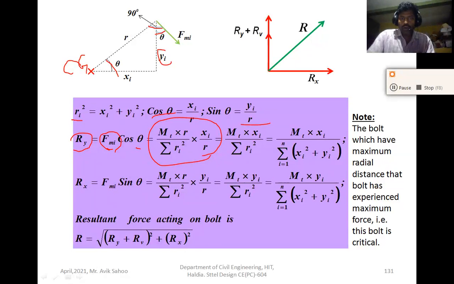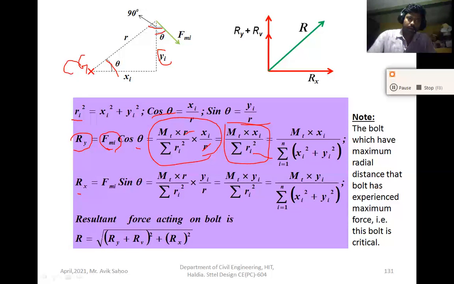The r in numerator and denominator cancel, so we get the final expression Mt xi by summation of ri square. Again we put the value of ri square, which is xi square plus yi square.